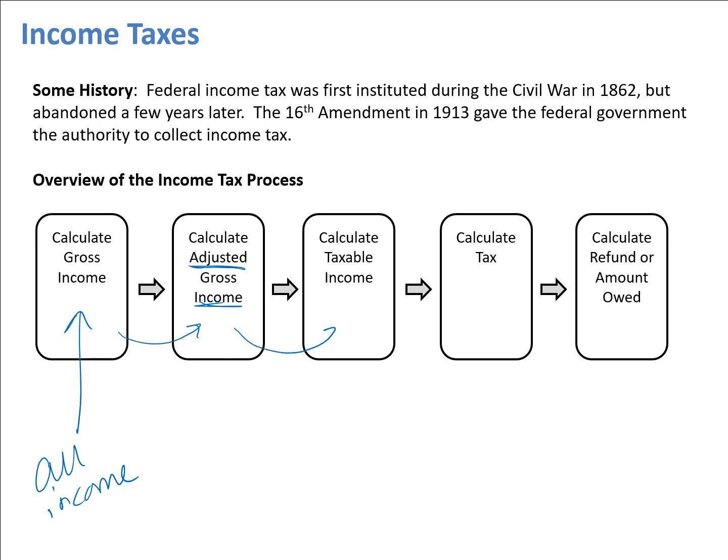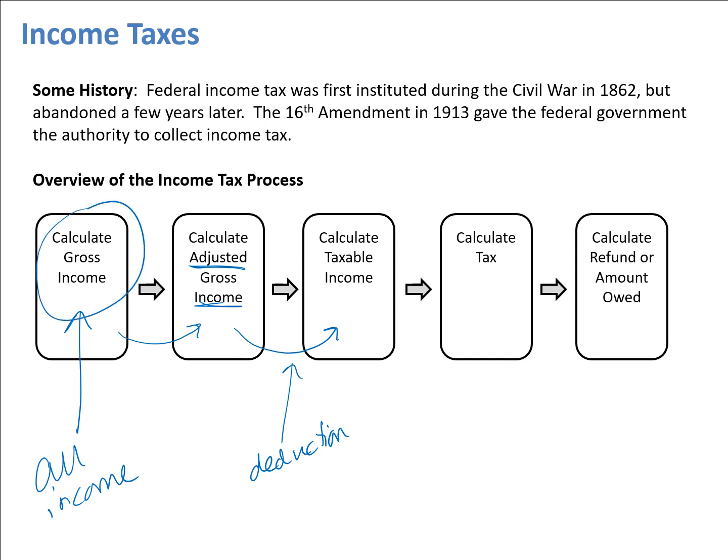Then there's one last step that you can actually work with to reduce how much you're getting taxed on, and that is through deductions. So you may have heard of deductions or actually worked with them. You have 2 options with deductions that we'll look at: standard deductions and itemized deductions. Deductions can come from charitable contributions. They can also be medical expenses that you can deduct. So you actually aren't going to be taxed on your entire income.